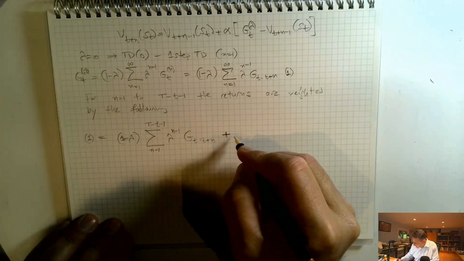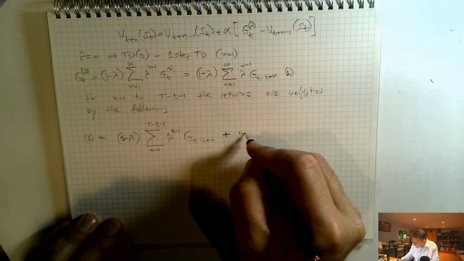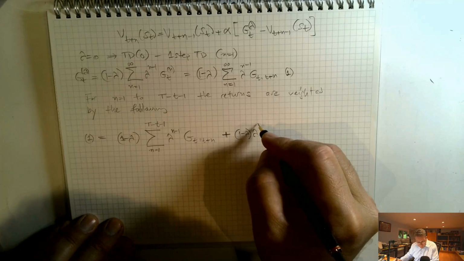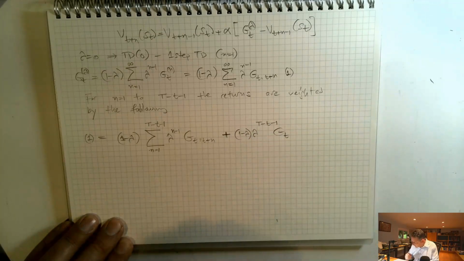That's the first term, and then the second term is lambda to the power capital T minus t minus 1, times G t.